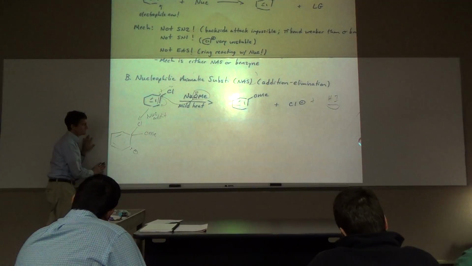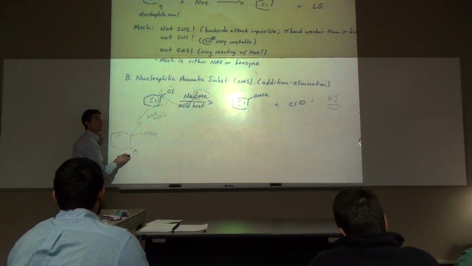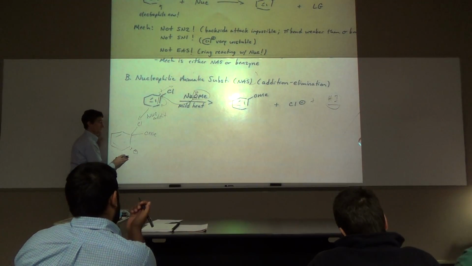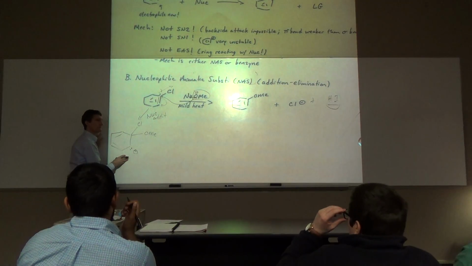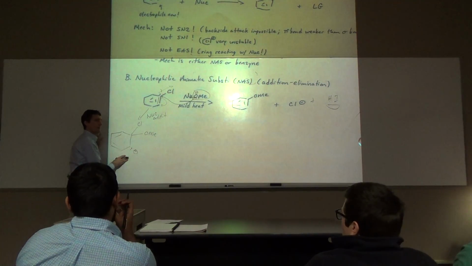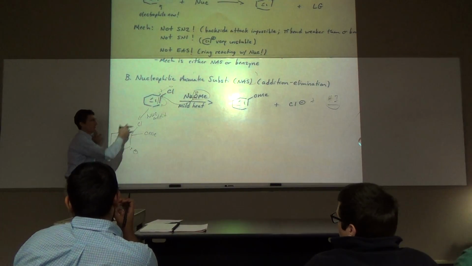Now what can we do? With the lone pair, go back in the ring and kick the chlorine out. Have you ever seen anything like that? Yeah. When we were dealing with first week, we saw some stuff like that. Addition followed by what?